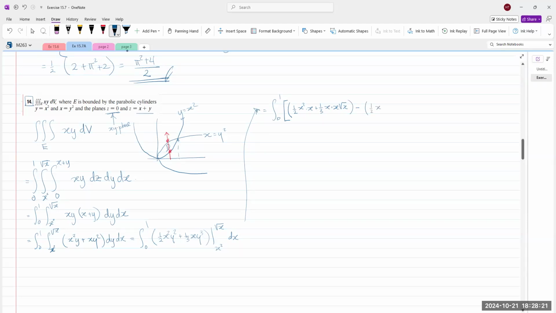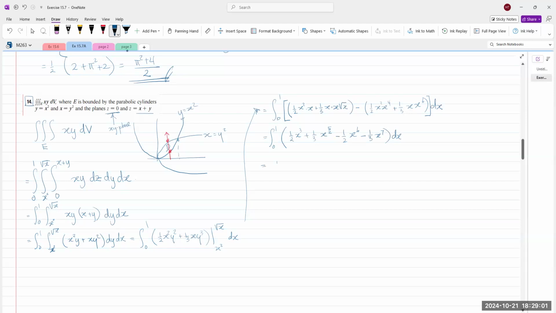So this is 1/2 x squared x to the 4th plus 1/3 x to the 6th dx. So this is 1/2 x cubed plus 1/3 x to the 5/2. I make it into a fractional exponent right away so that it's easy for me to integrate later on. Minus 1/2 x to the 6th minus 1/3 x to the 7th dx.